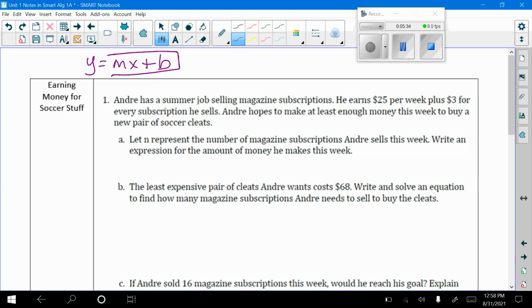Right now, we're really going to be working with this part of it, until we get a total. This is going to be your total. The m is a rate. The x is the number of, or the per, and then this is going to be your base amount or start value.